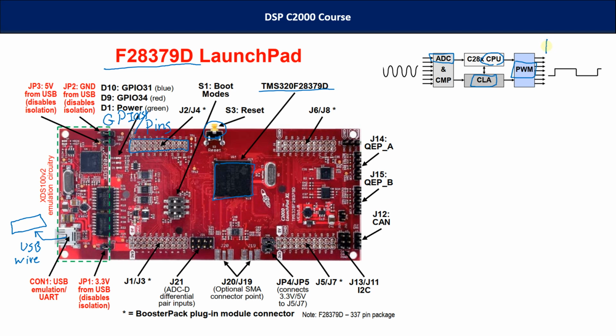Imagine that there is a boost converter, and here is our power MOSFET or IGBT, and we can produce these signals, or better to say one of these signals, and connect it to our gate.